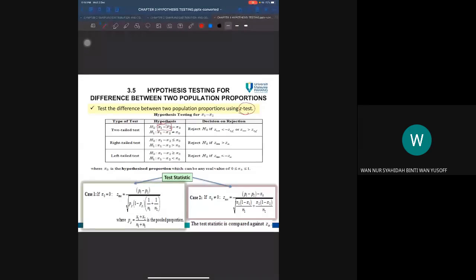How to determine is based on the pi note. First case, pi note equal to 0, and second case, pi note not equal to 0. For pi note equal to 0, you have to calculate the pooled sample proportion. For pi note not equal to 0, then we need to have pi in our question.